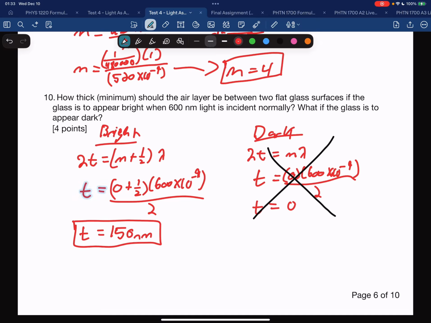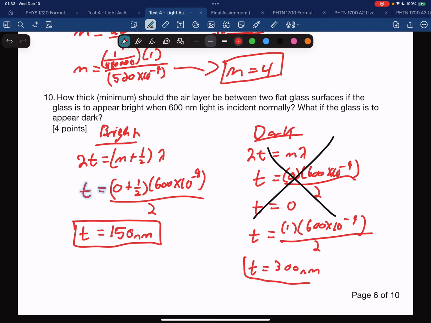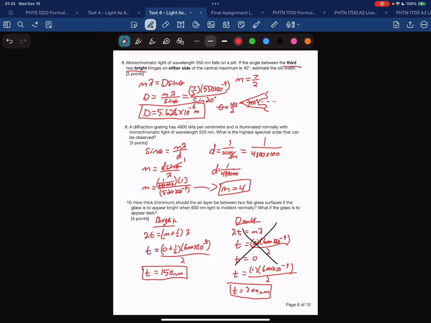So instead we're going to plug in 1 for M, all over 2, and we get 300 nanometers. So that was our answer here for questions 8, 9, and 10.